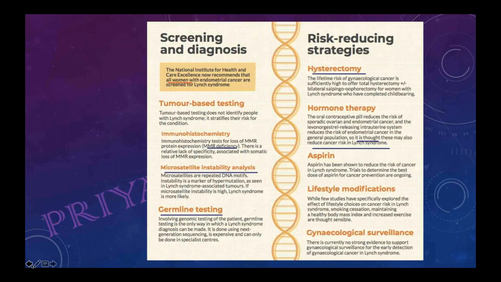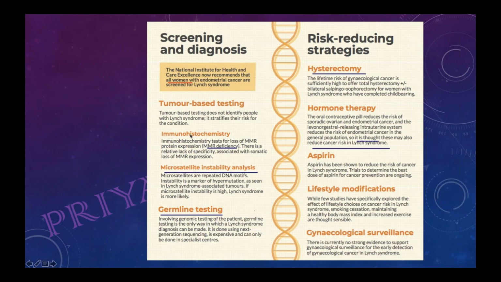It's absolutely clear. Okay. Now this part is important because you may get a question from here. What is the screening and diagnosis? NICE recommends that all women with endometrial cancer should be screened for Lynch syndrome. You may get a question from this line. What type of testing is done? These are tumor-based testing. That means once the hysterectomy is done, these tests are done on the specimen.